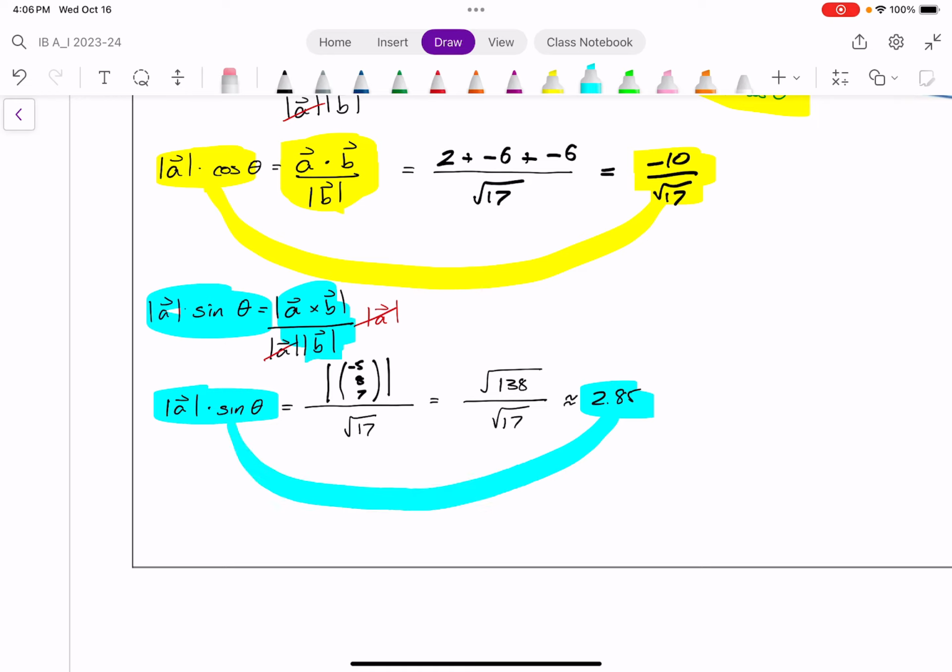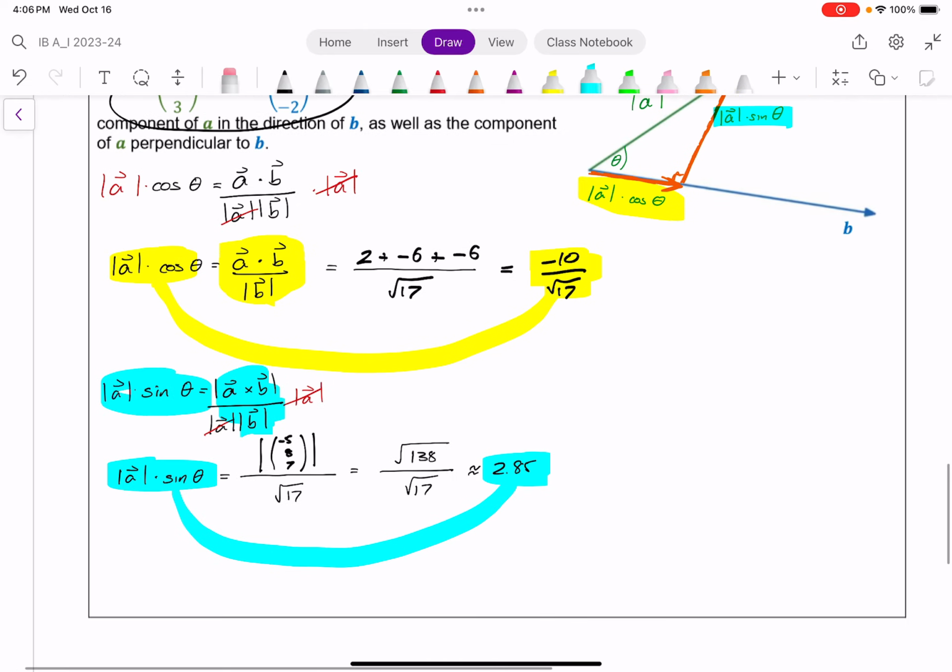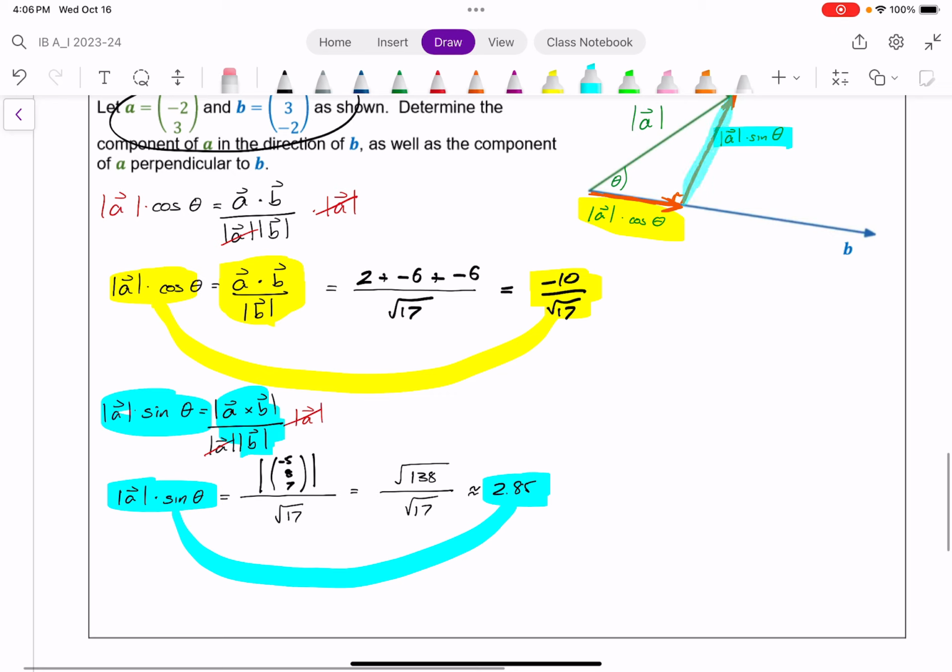This, 2.85 approximately, is the component of A perpendicular to B. And since I decimalized that, maybe I'll decimalize my previous one as well. The component of A in the direction of B is approximately -2.43.